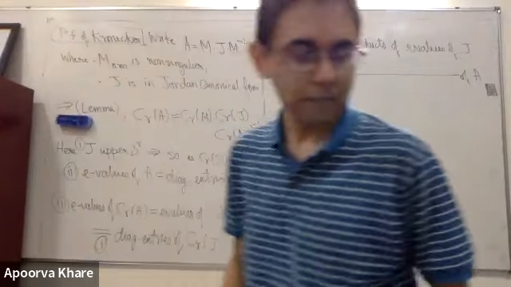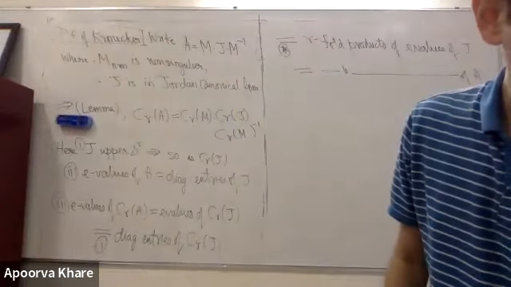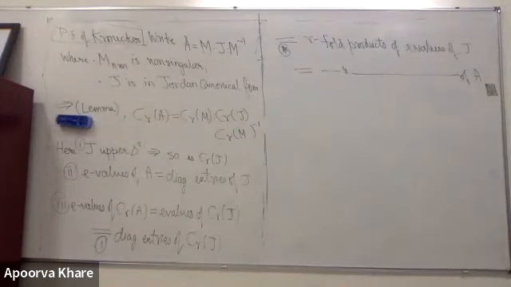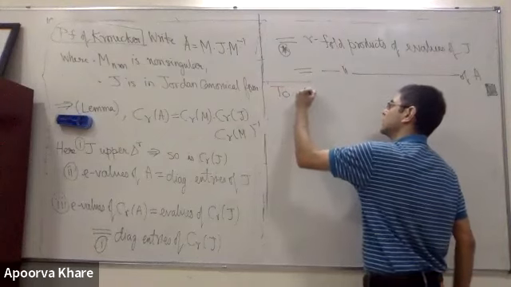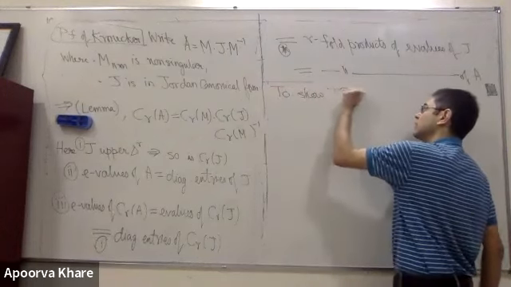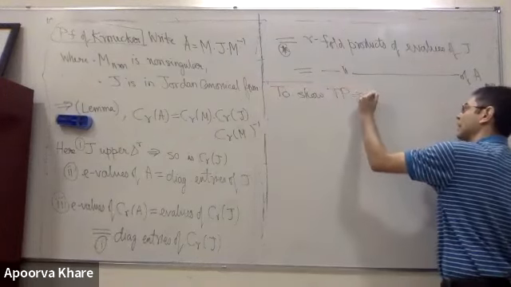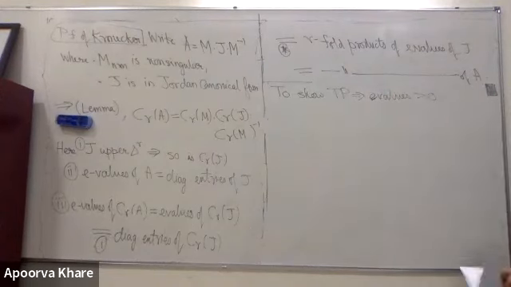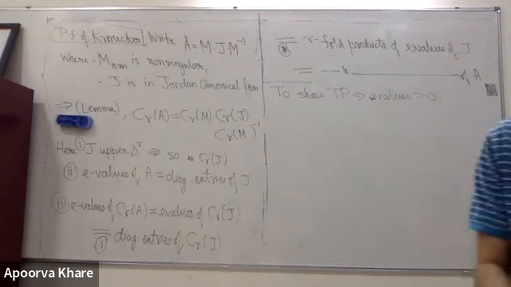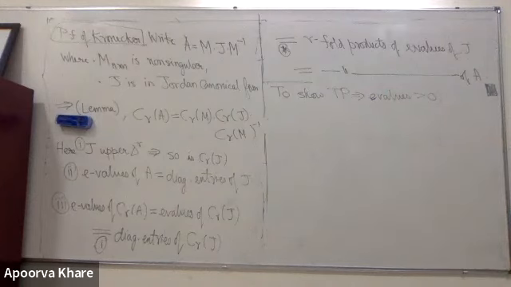For that, I will need one last theorem, called Perron's theorem. To prove that TP implies eigenvalues are positive, we will need Perron's theorem.